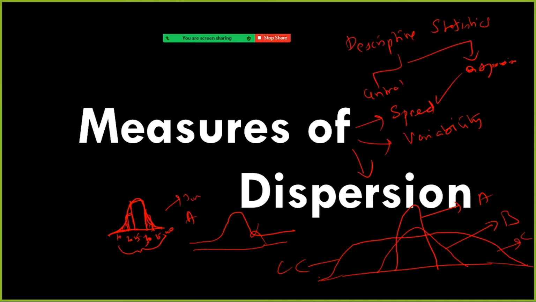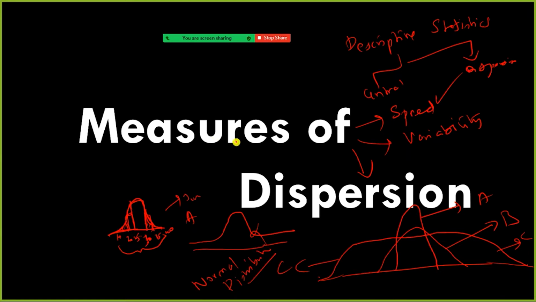All these three, I call this a curve, a bell curve or normal curve. So all these three data sets have the normal distribution. We'll explain this at a later point in time. They are normally distributed.